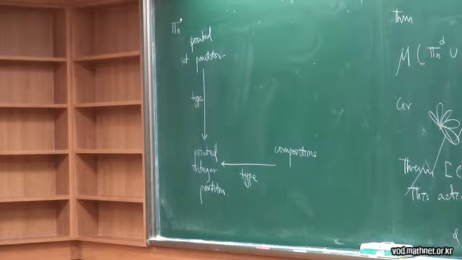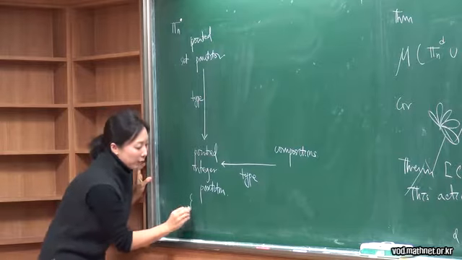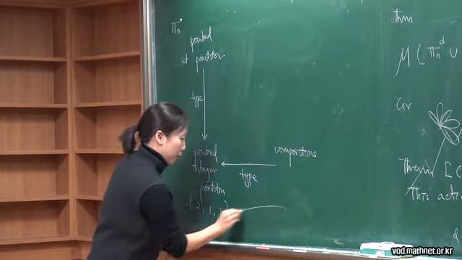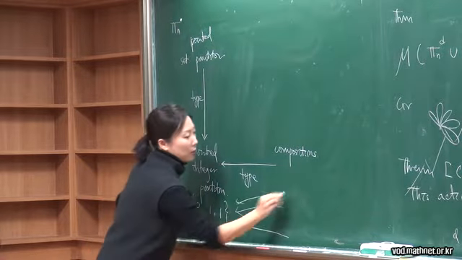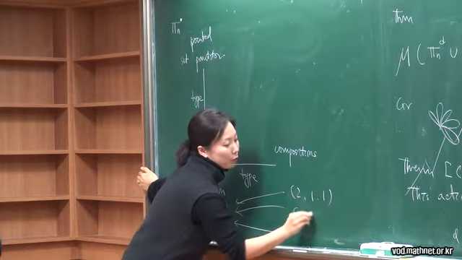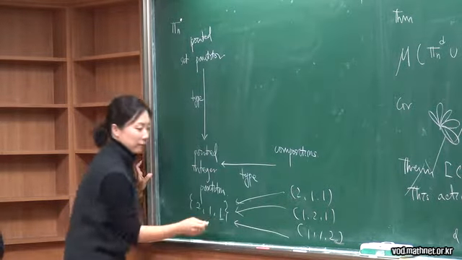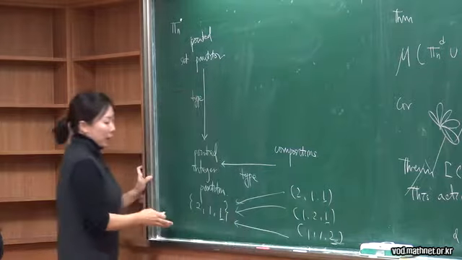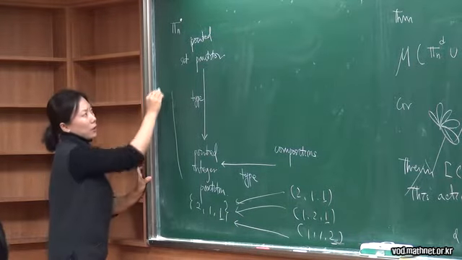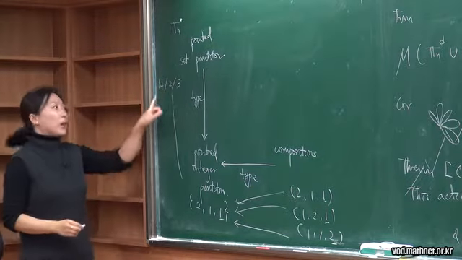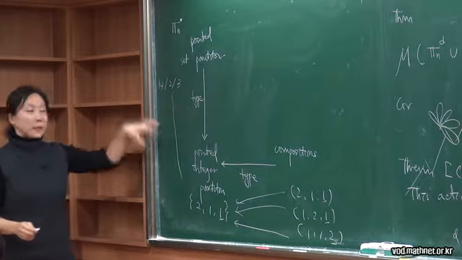What's the difference between the compositions and pointed integer partition? Just a matter of ordering? Yeah. Here you may have 2, 1, 1, but here you may have 2, 1, 1, 1, 2, 1, 1, 1, 2. For example, here you may have 1, 4, 2, 3, so you have the size 2, 1, 1 set partition.